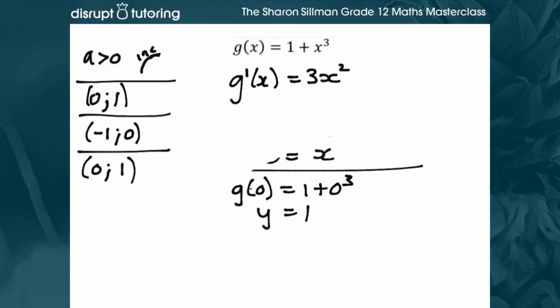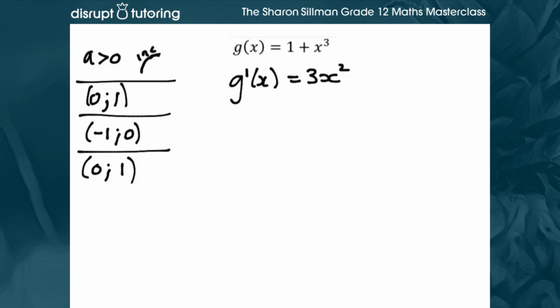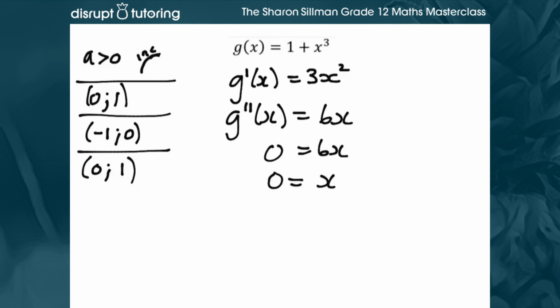And finally, we're going to look for the second derivative in order to find the point of inflection. So that is 6x, make it equal to 0, and solve for x. When x is 0, I think we already know that y is 1.